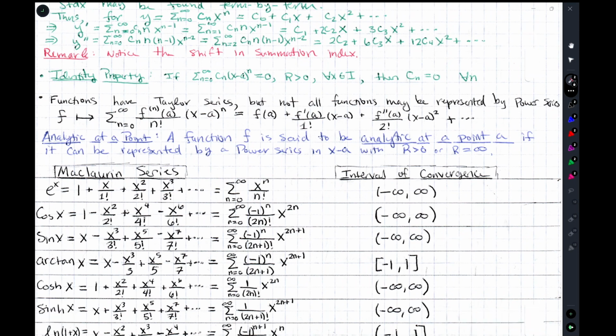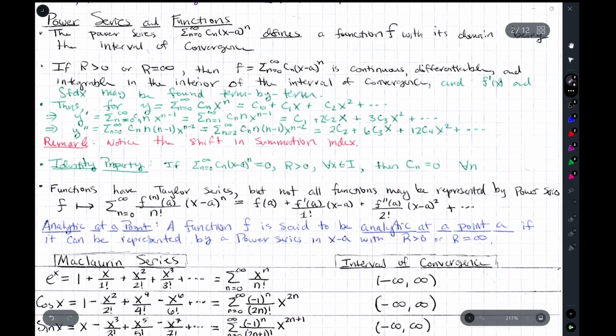All right, so we know that the power series itself gives a function, but what about the reverse? What about taking a function and expressing it as a power series? How does that work? Well, we know that functions have Taylor series.